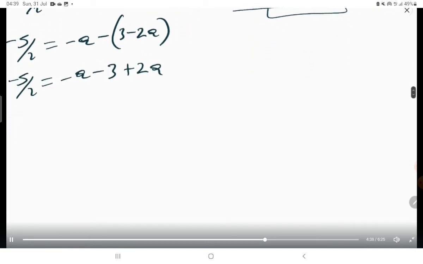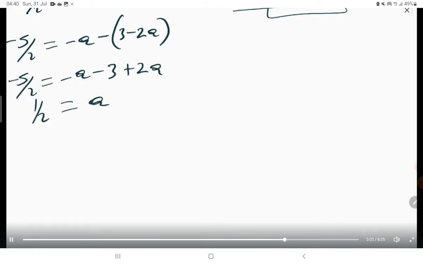After this, we have negative 2a minus a, which is going to be equal to 2. Then we take the negative 3 to the other side. You will basically get a is equal to just half.